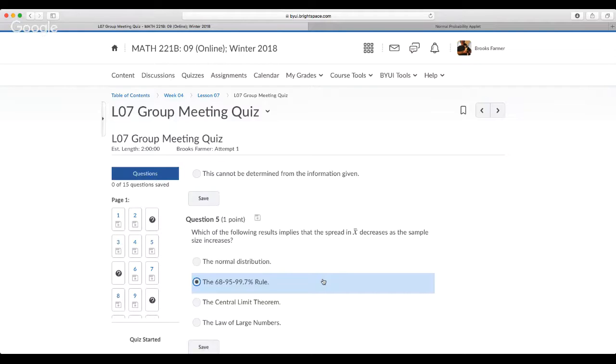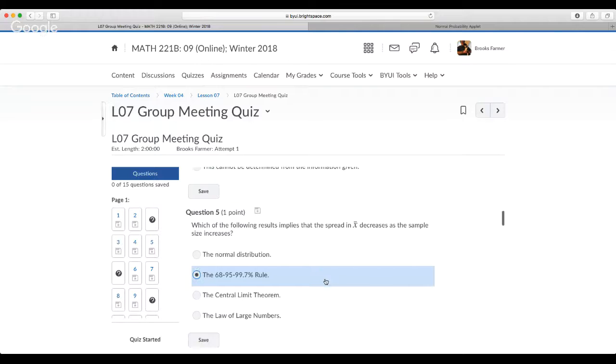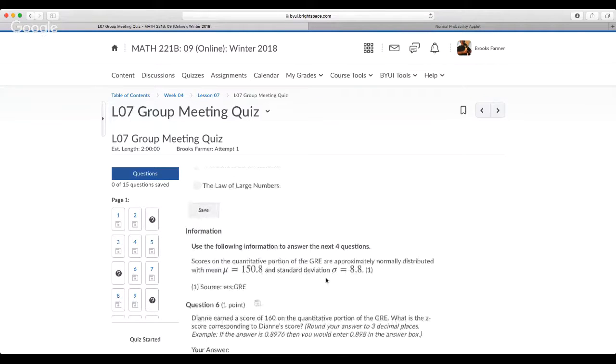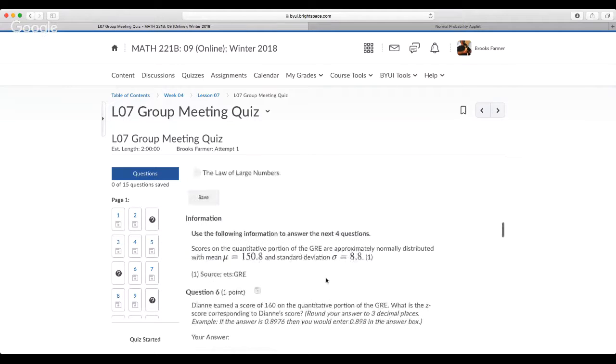What it's talking about with sample size is that you're taking the standard deviation and dividing it by the square root of the number of samples. And so I believe it's that rule. I'm going to try it first and see if it's right. Okay. Well, we'll just see what we get at the end. Let's keep moving on then.